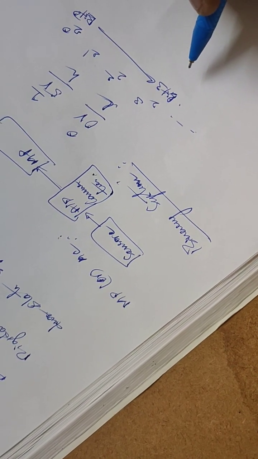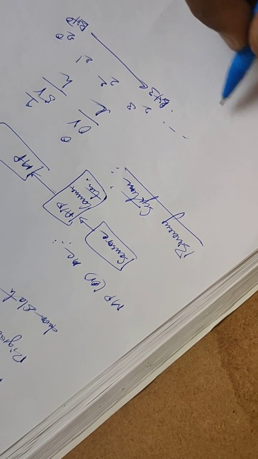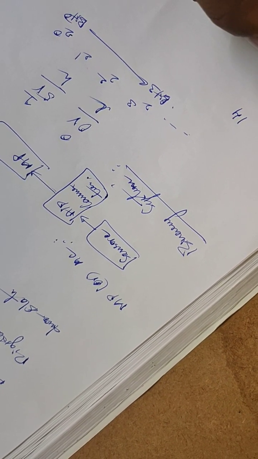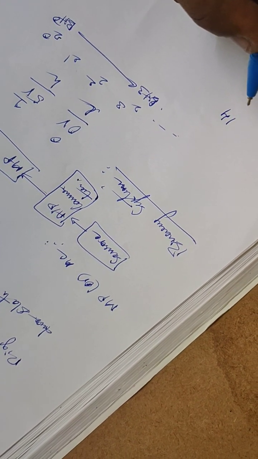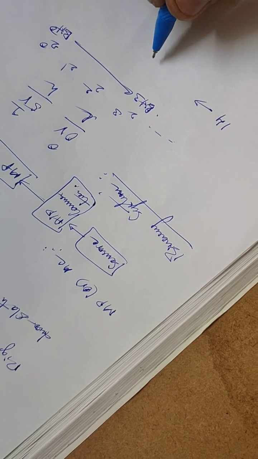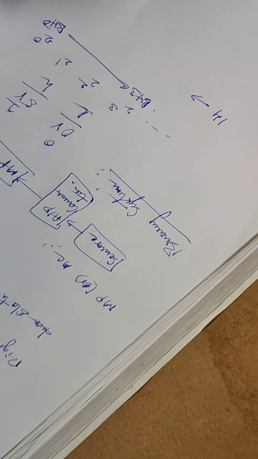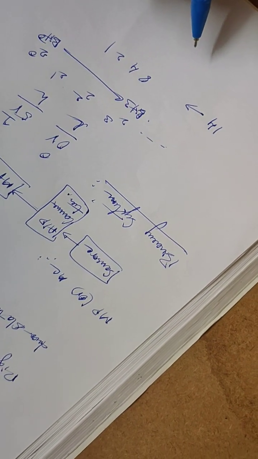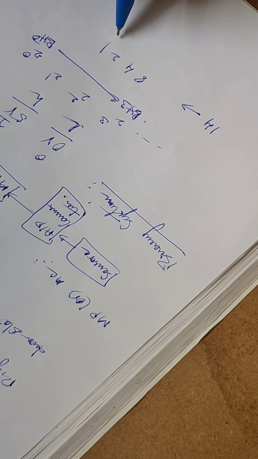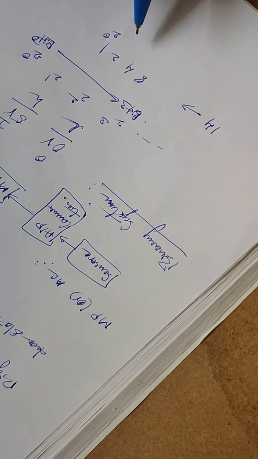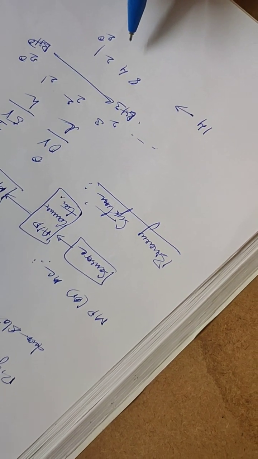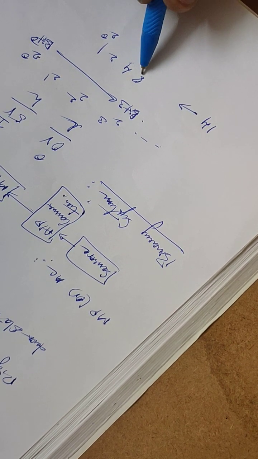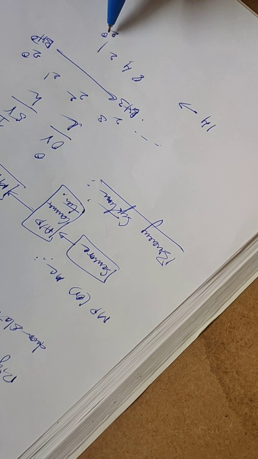Example, consider the decimal number 14. Let's say the weights are 8, 4, 2, 1, that is 2 to the power of 3, 2, 1, 0, and we need 14. 8 plus 4 is 12, plus 2 is 14.